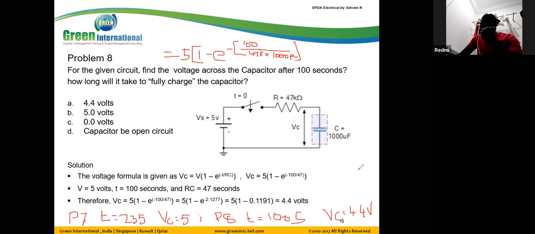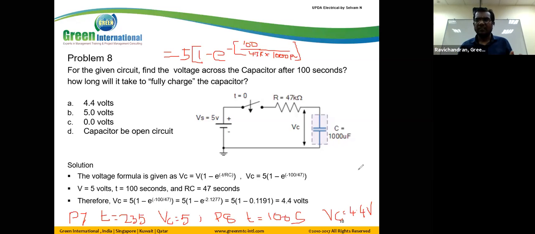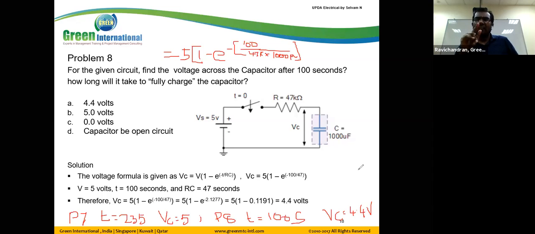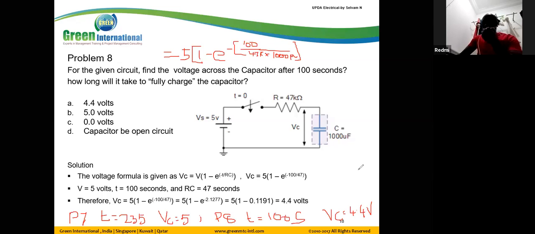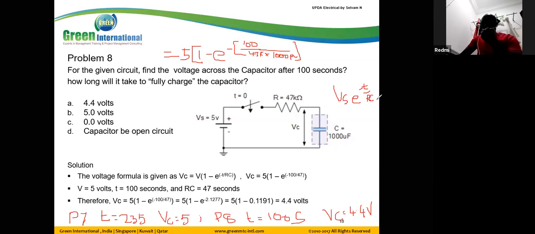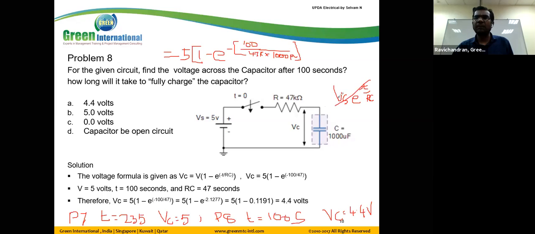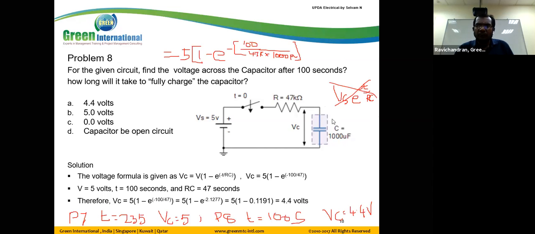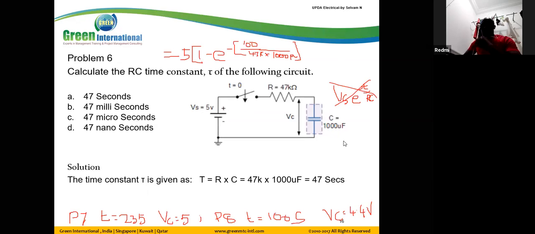Now we are discussing the charging current, not the discharging current. The discharging formula is Vs into e to the power of minus t by RC.